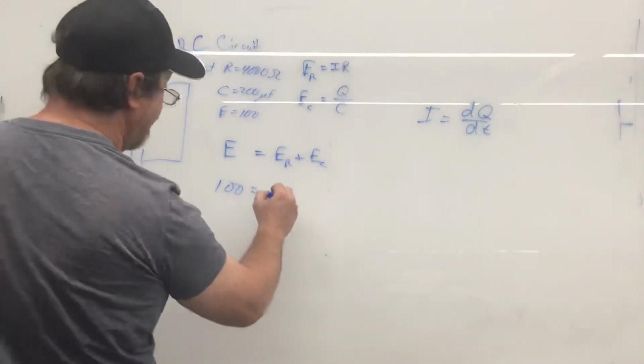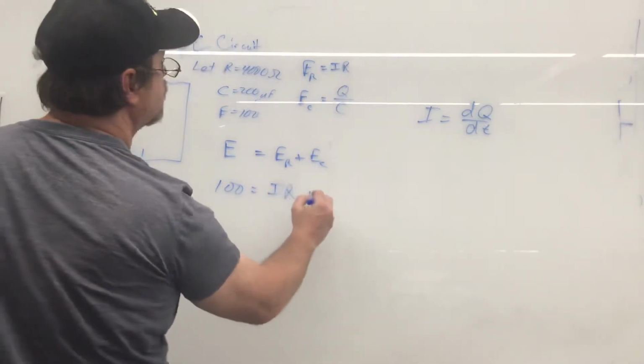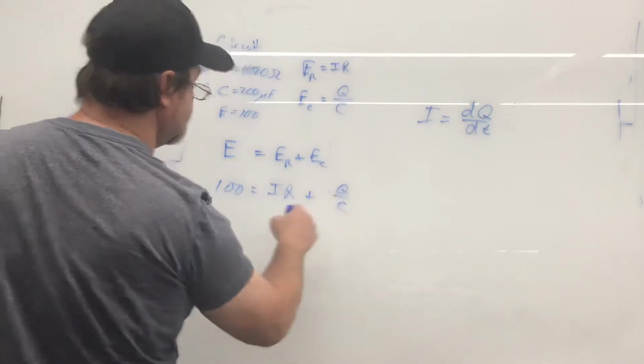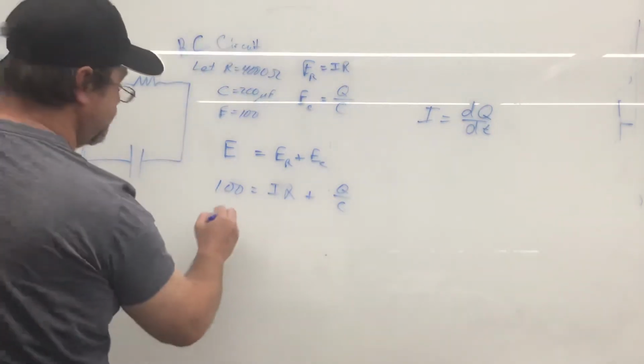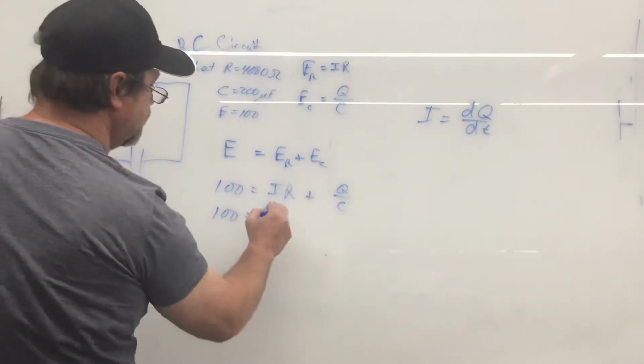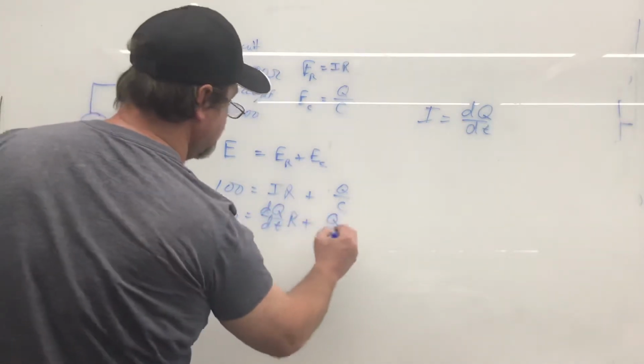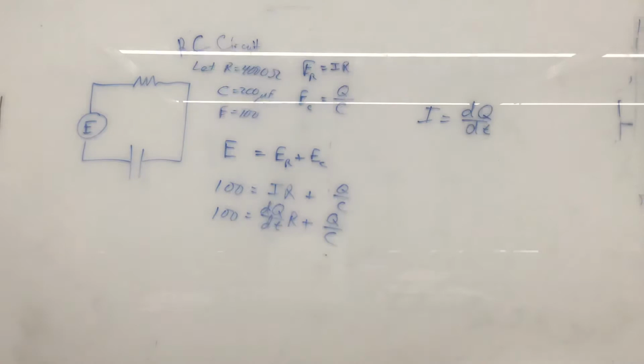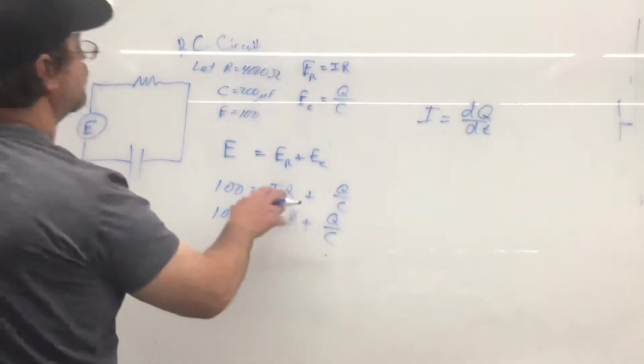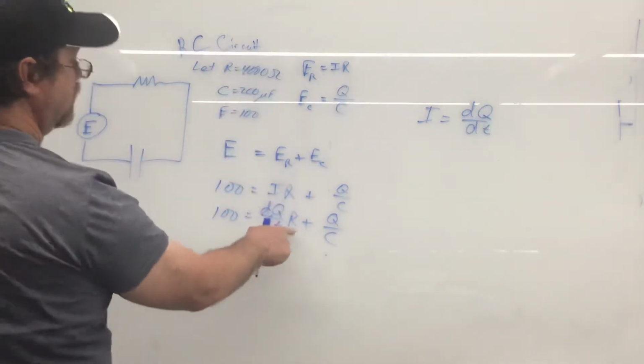ER is I times R plus Q over C. And now we look at that I and we say, well, I is dQ dt. And we remember that we're in differential equations class because now we've got a Q and a dQ. Okay, so now that's the equation that we want to work with and put in these other values.